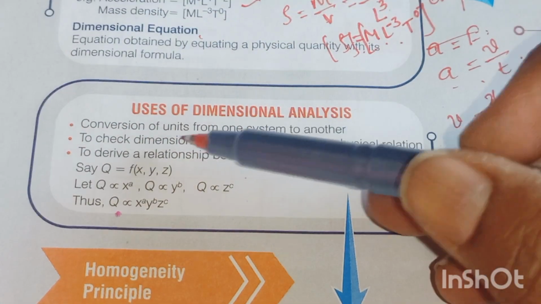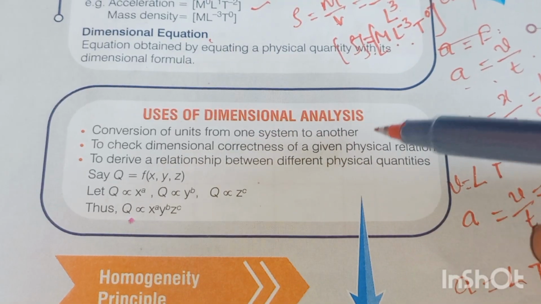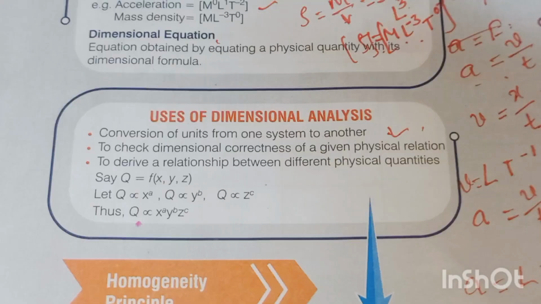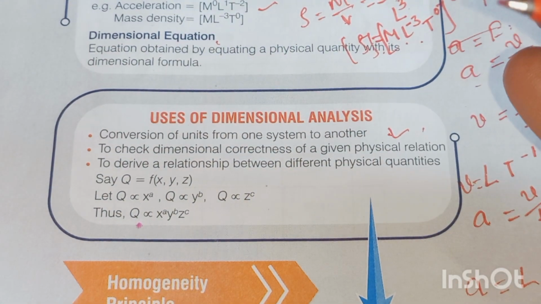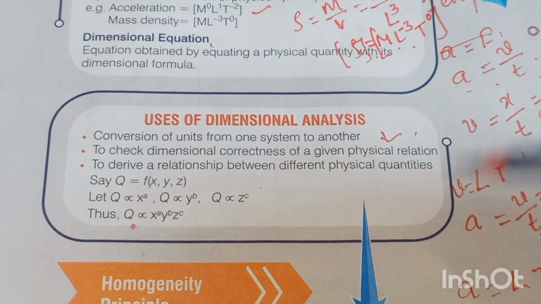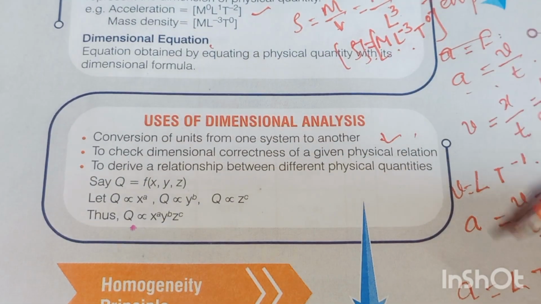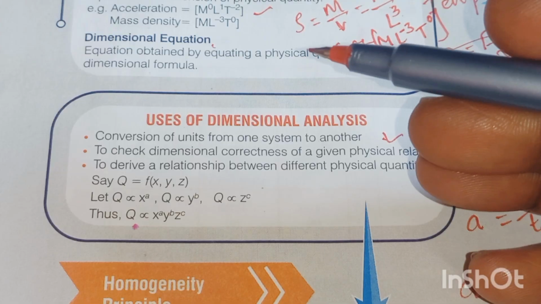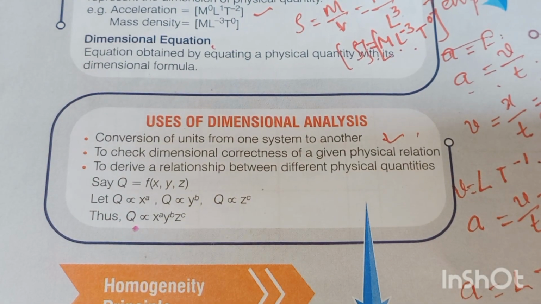One is conversion of the units from one system to another. So it may be from centimeter to meter, and from kg to milligram. I am telling you in the simple forms. So from one form of a system to another form it will be converted.